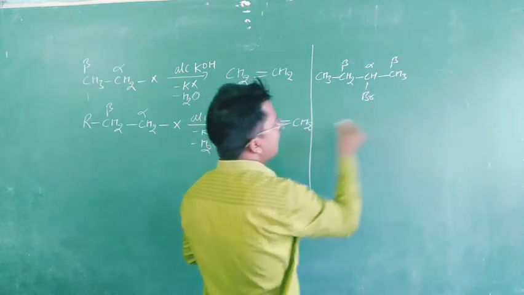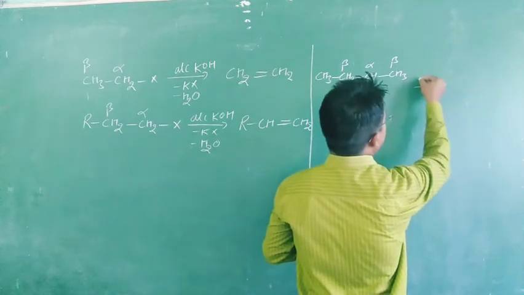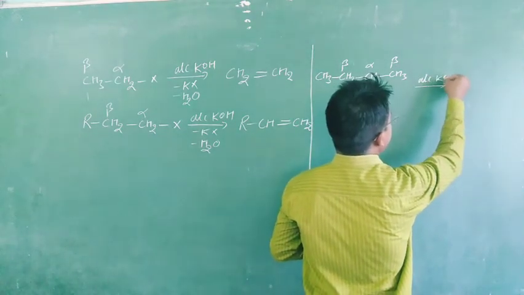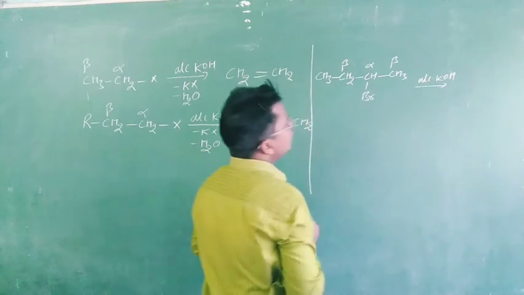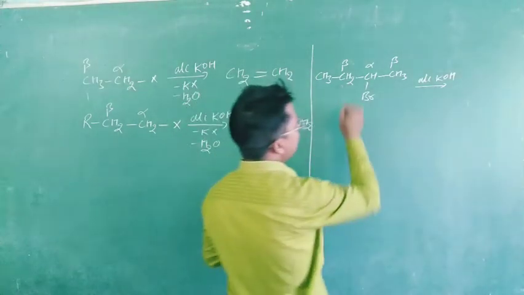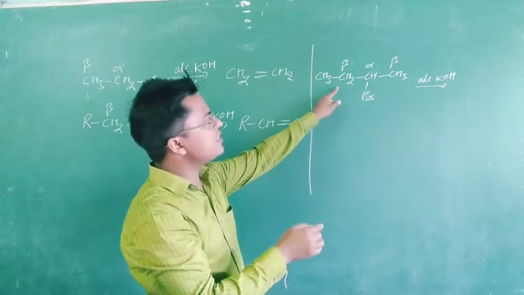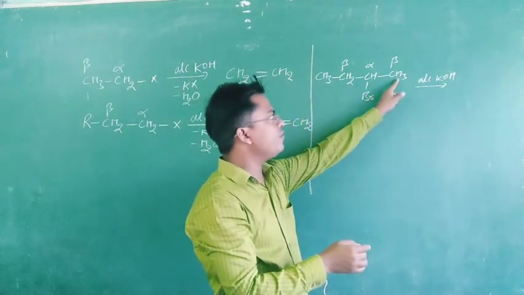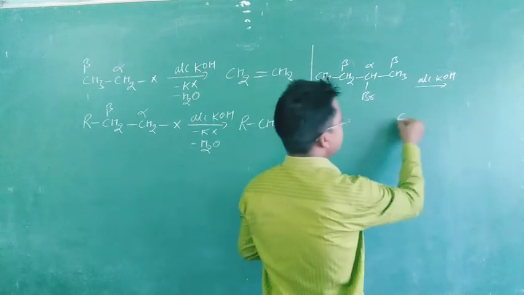When it reacts with alcoholic KOH, then two products are obtained like this. One hydrogen will eliminate from this carbon and second from this carbon. Like this, CH3.